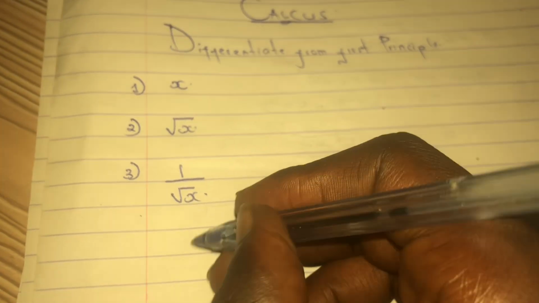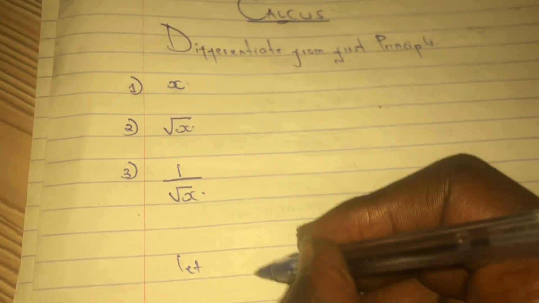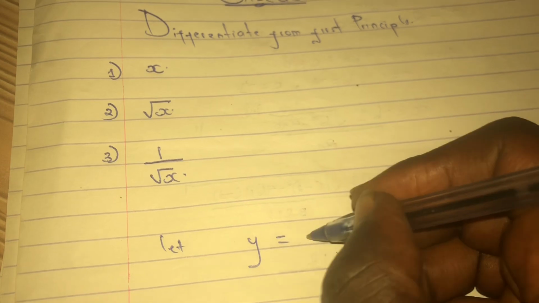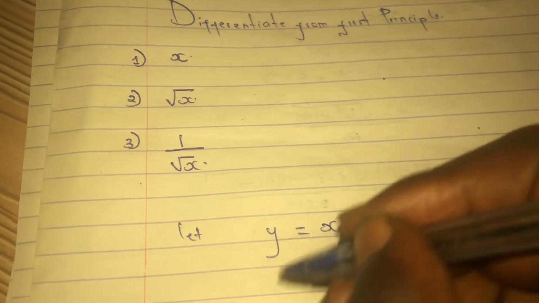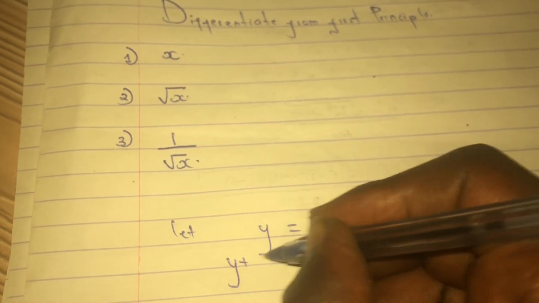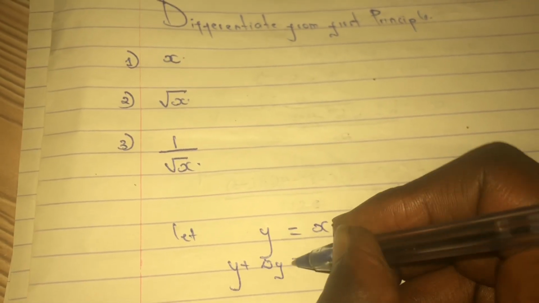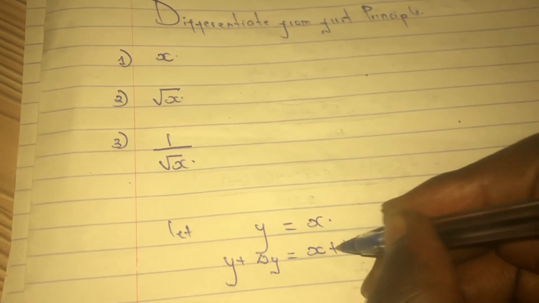So let y be equal to x altogether. That means y plus change in y is equal to x plus change in x.